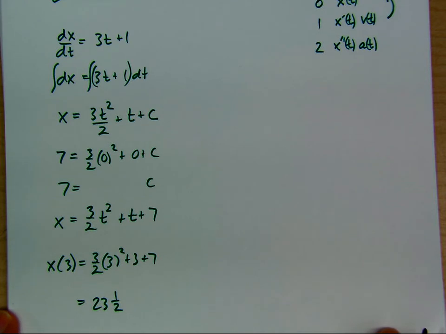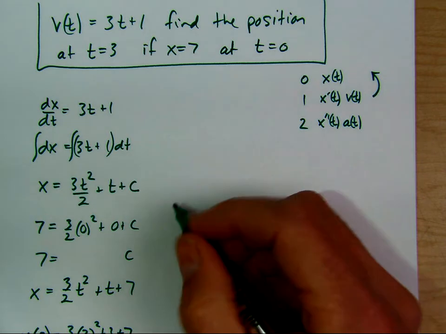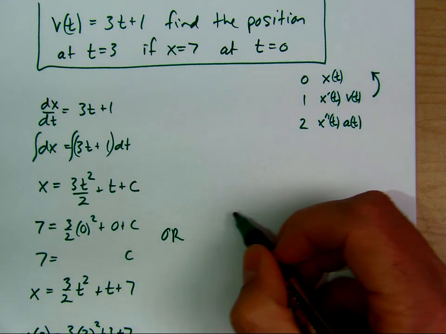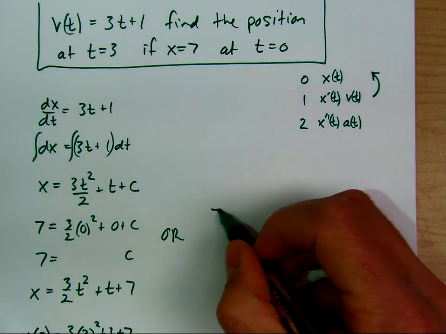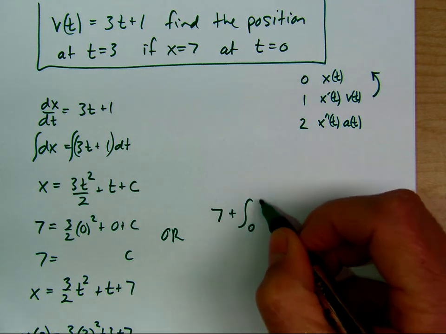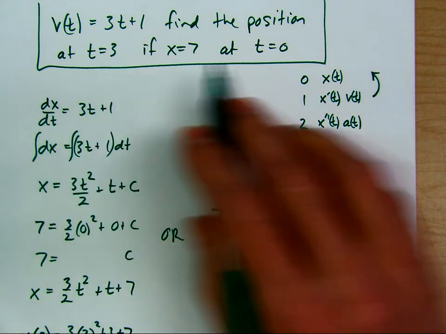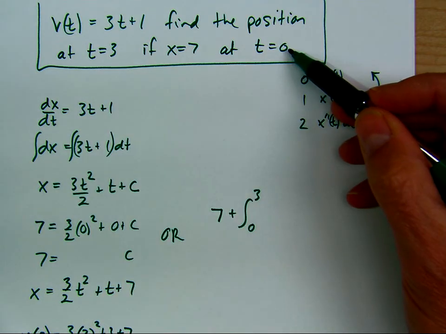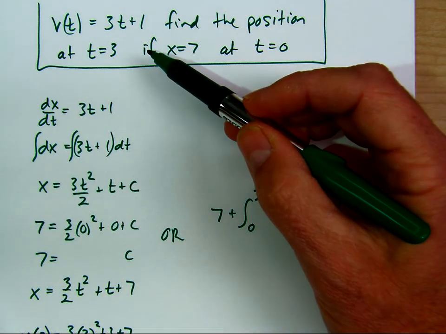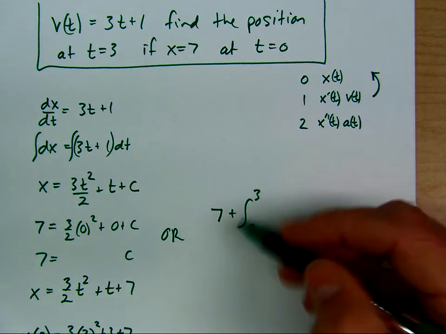All right, if it just asks for position, we can also do this. Start with the initial position plus the integral from 0 to 3. We have an initial time of 0, and we're going to a time of 3, so that's how this is set up.